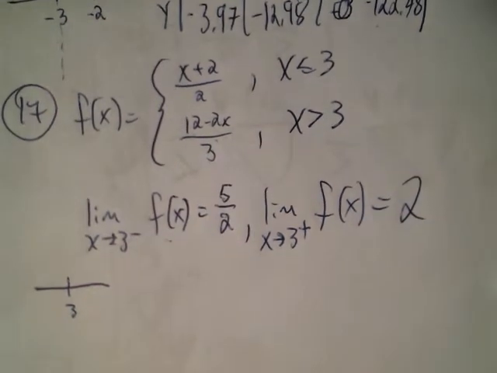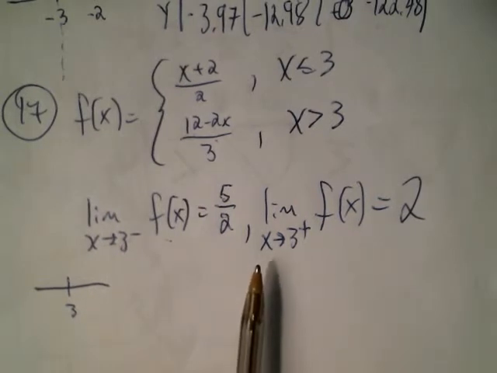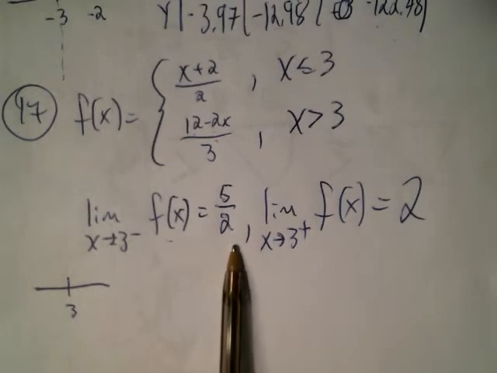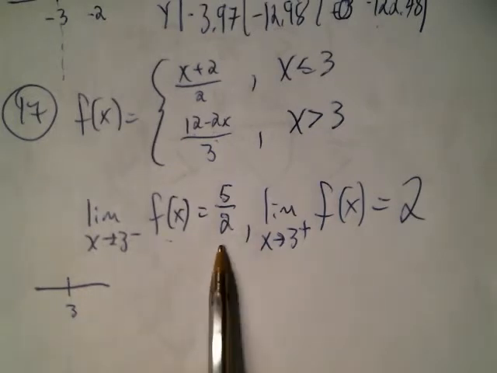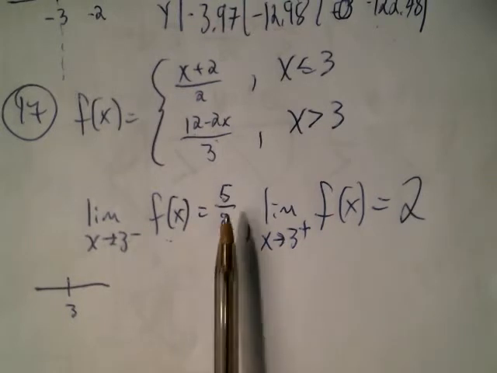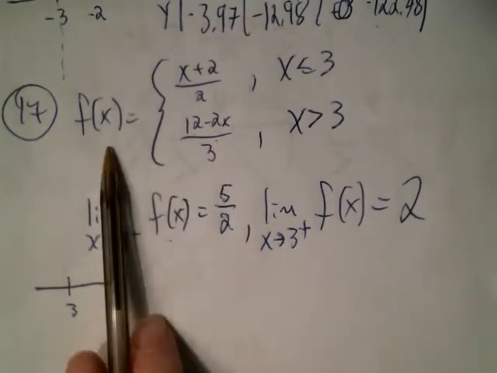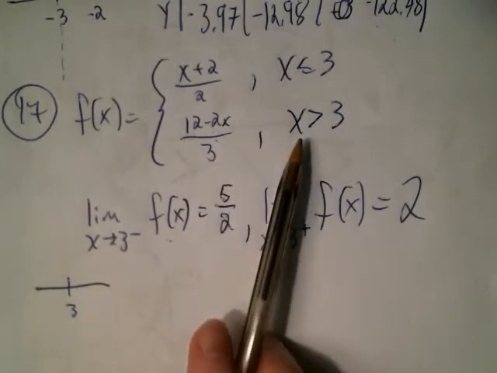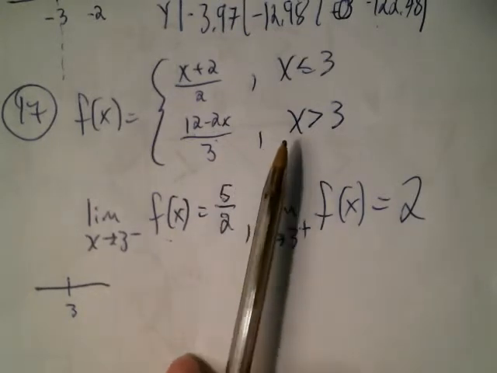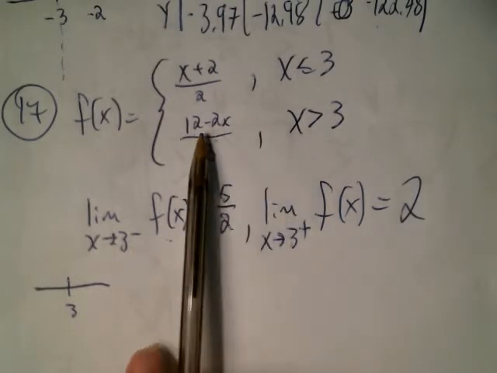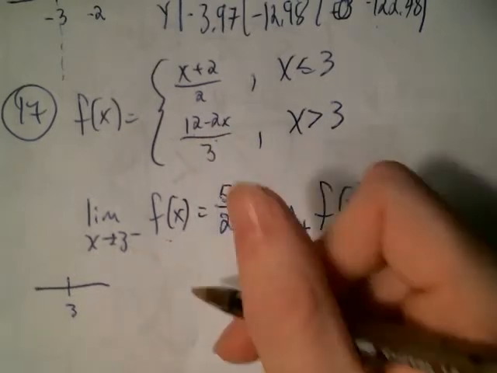So note, in this case, you would have a discontinuity when x equals 3 because the limit of the function is not equal to the actual function's value at 3. In particular, its limit does not exist at 3.